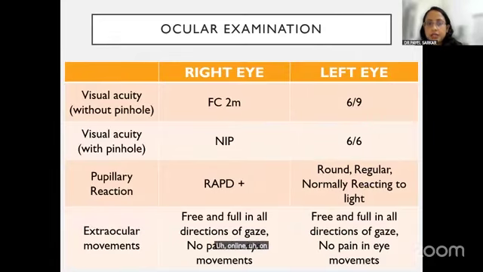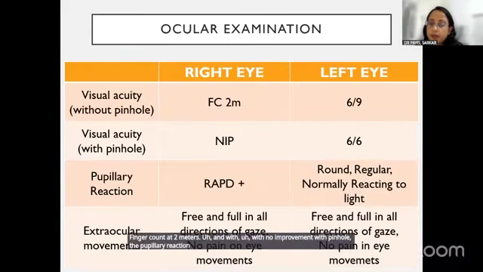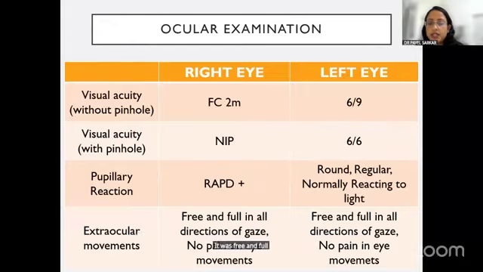On ocular examination, the right eye visual acuity without pinhole was finger count at 2 meters, with no improvement with pinhole. Pupillary reaction: RAPD was present in the right eye. Extraocular movements were free and full in all directions of gaze, and no pain was associated with the movements.